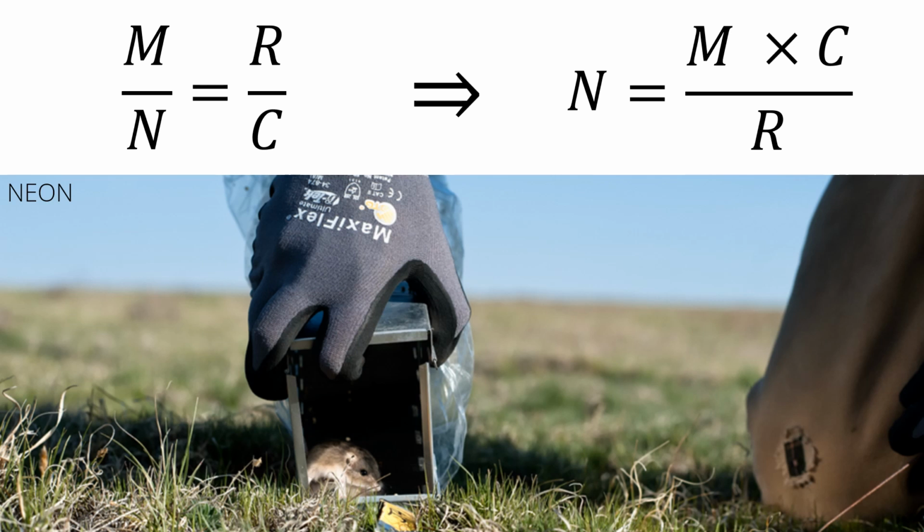So therefore, your population size, N, is equal to the number of initially captured individuals, M, times the number of total individuals captured in the second sample, so C, divided by the recaptured individuals in the second sample, so the ones that were marked here. So if you know M, C, and R, you can always calculate an estimated population size, or N.